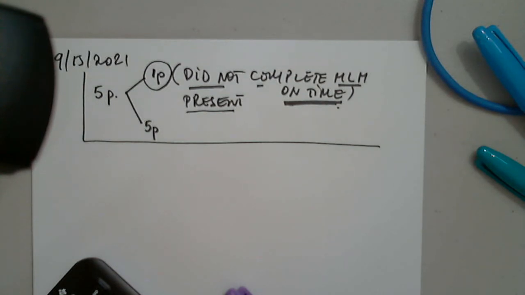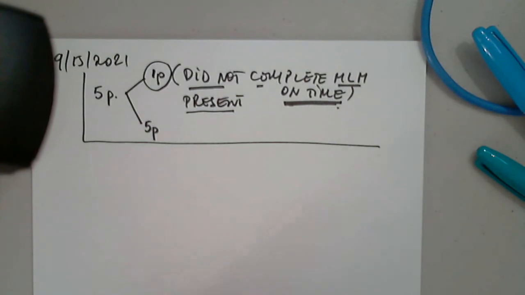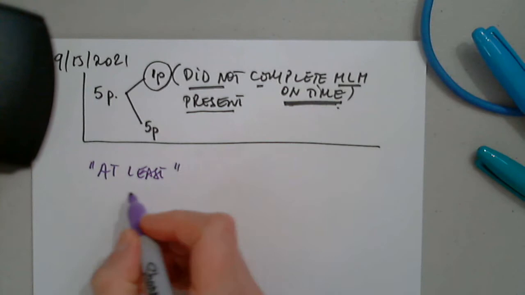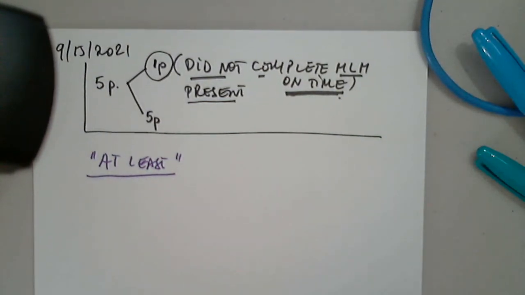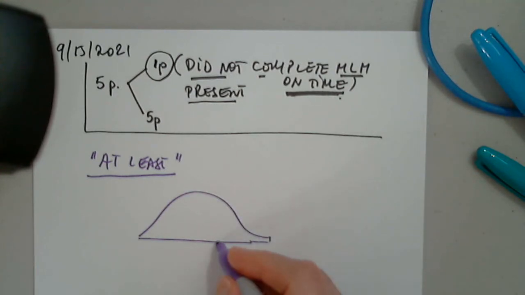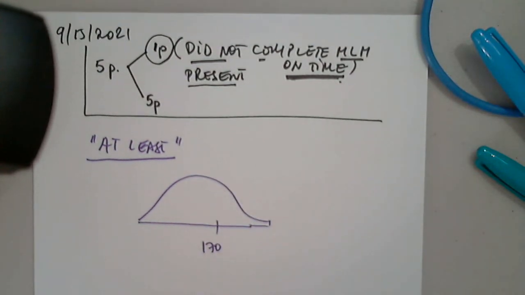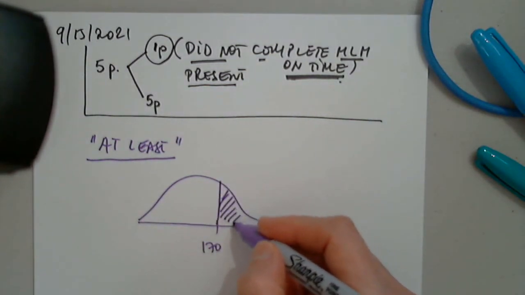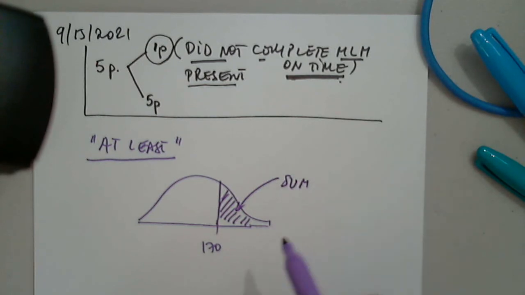What percent of students had an IQ of at least 120? I'm going to stop sharing. I need to explain this. Very important. Remember this at least. We're going to come back to it a lot. So here's the histogram, and here's 170. At least 170 means the sum of all that start here till the end.